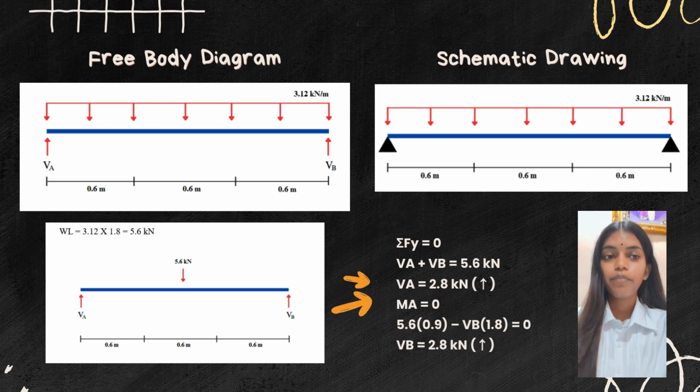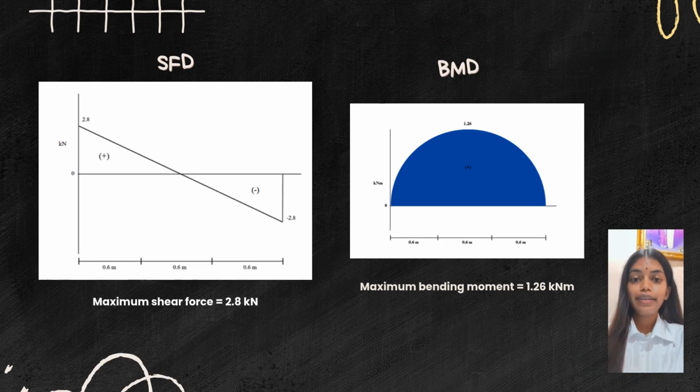Using moment equilibrium at point A, from this we get the maximum shear force of 2.8 kN and the maximum bending moment of 1.26 kN per meter at midspan. So, this slide shows the shear force diagram and bending moment diagram.